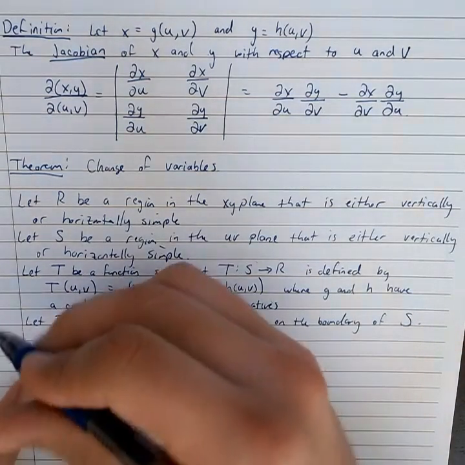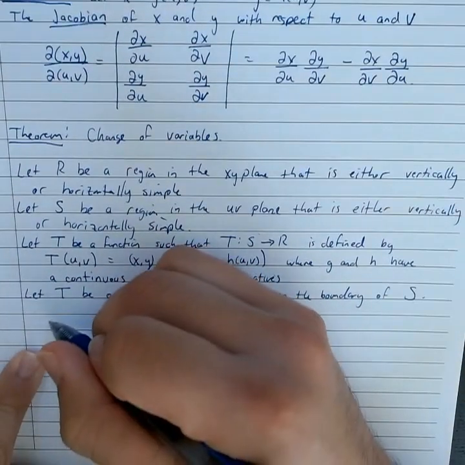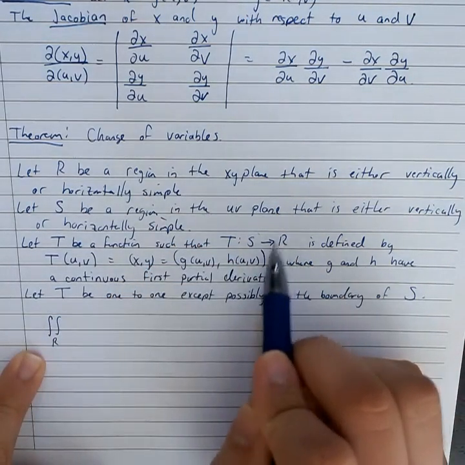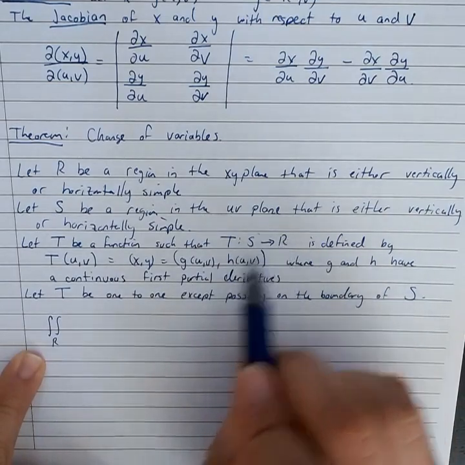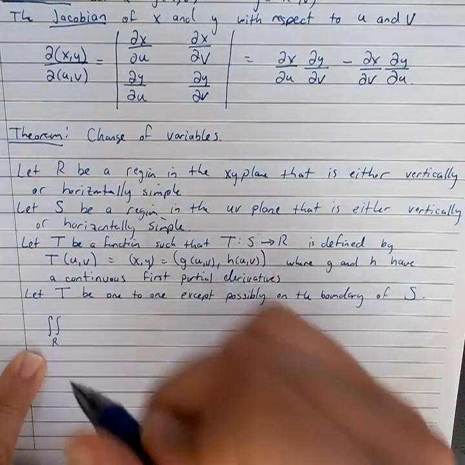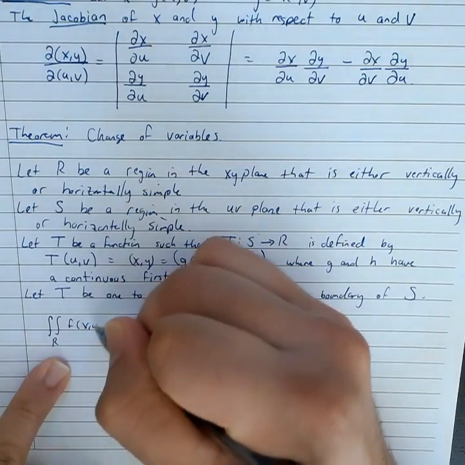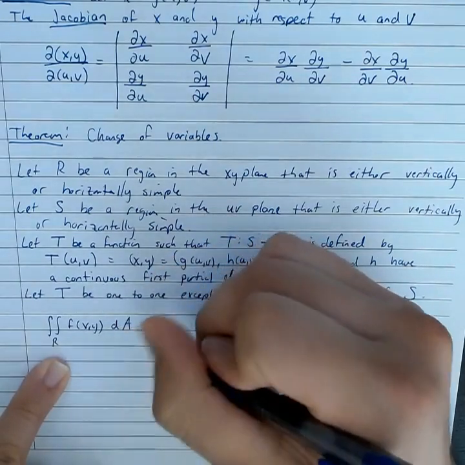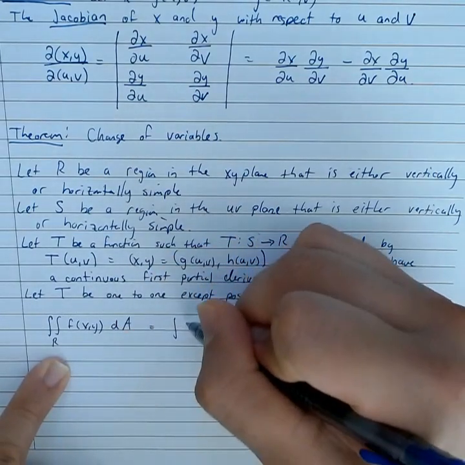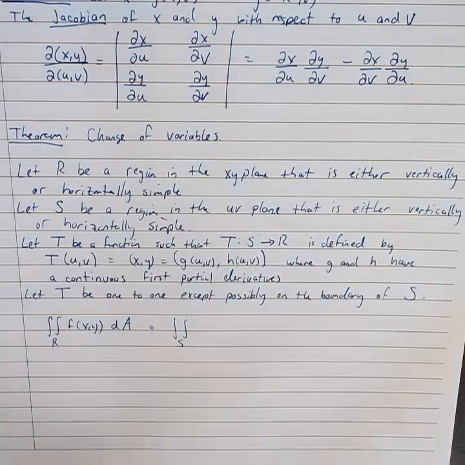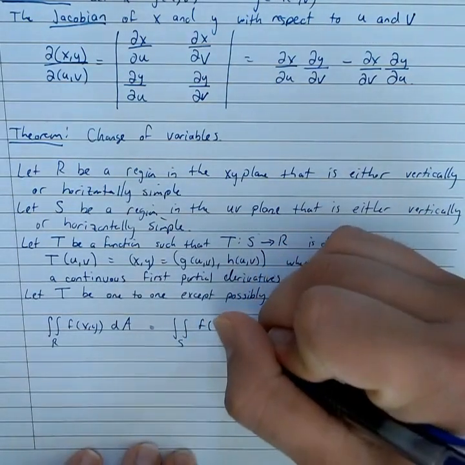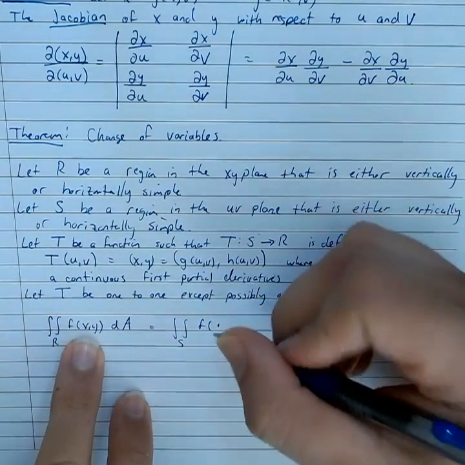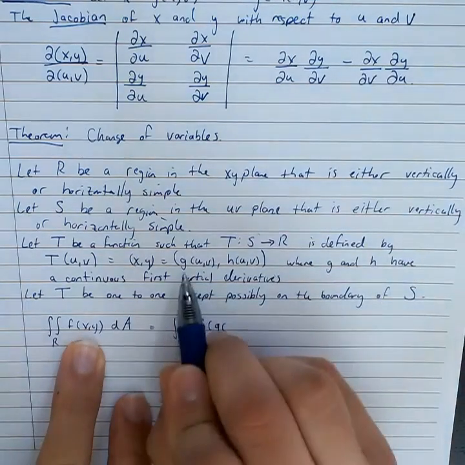So these are all of our conditions. So this brings us to our conclusion. The double integral over the region R, which was the place where our function mapped to, it's the one on the xy plane, the double integral over the region R of f of x comma y dA can be given by the double integral over the region S of f of u, well, it is a function of u and v, but I suppose I should label it with this notation.